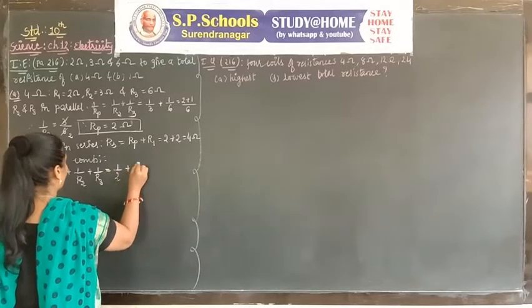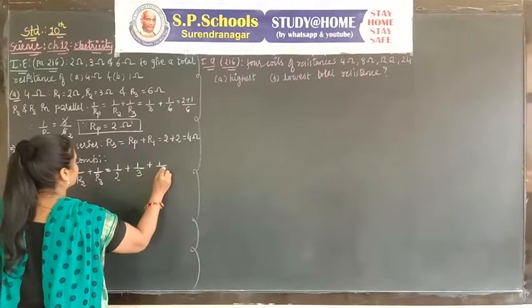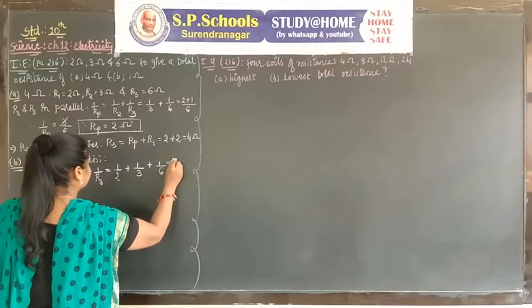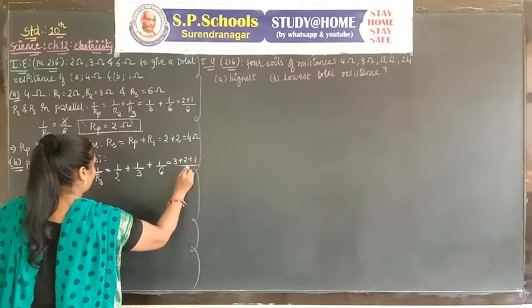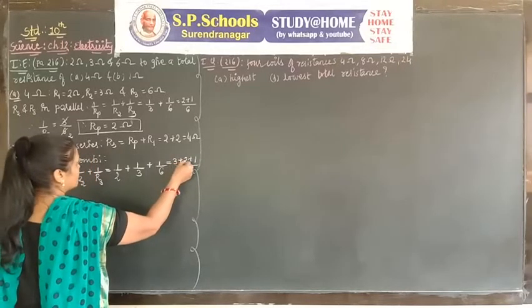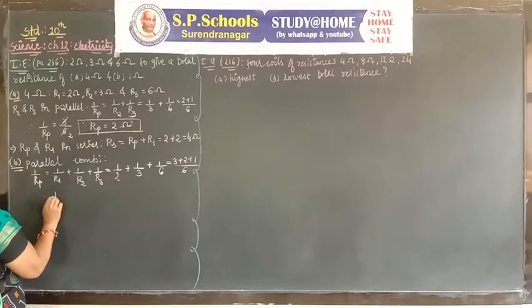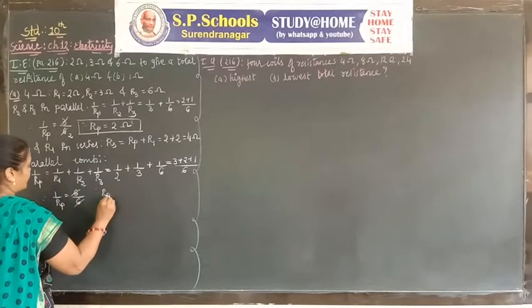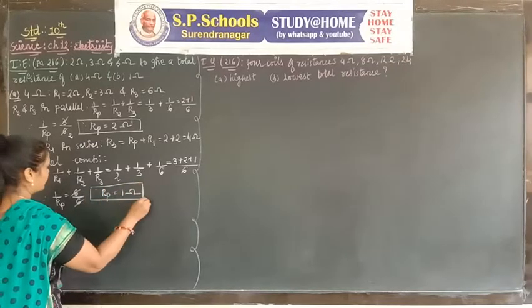R1 is 2, R2 is 3, R3 is 6. Now we calculate them. 3 plus 2 plus 1 upon 6. 3 plus 2, 5 plus 1, 6 upon 6. 1 upon Rp is equal to 6 upon 6. 6 cancels. So Rp is equal to 1 ohm.